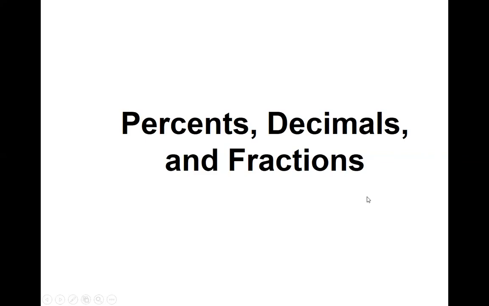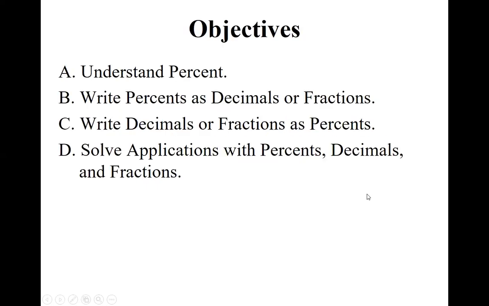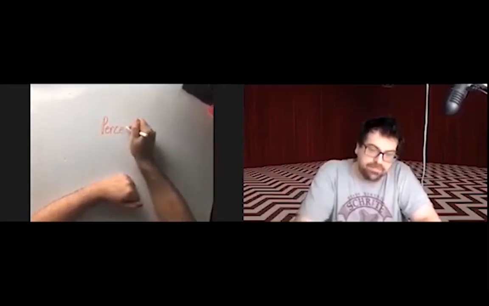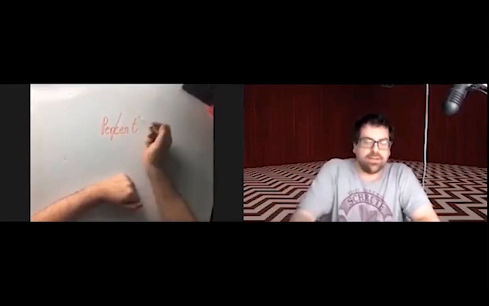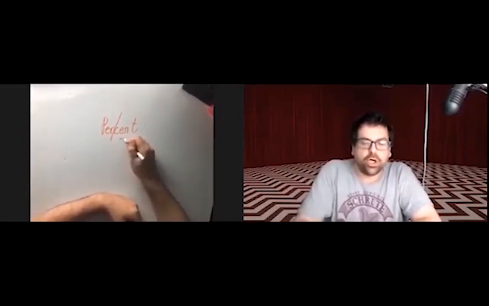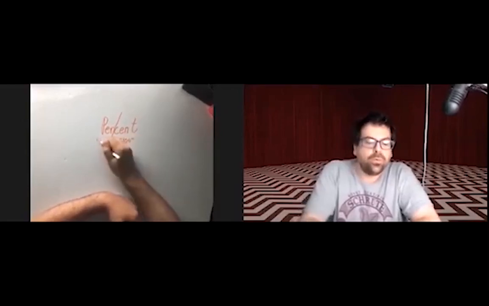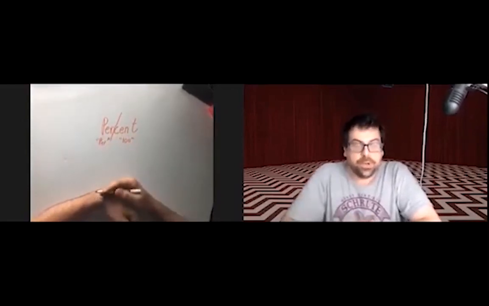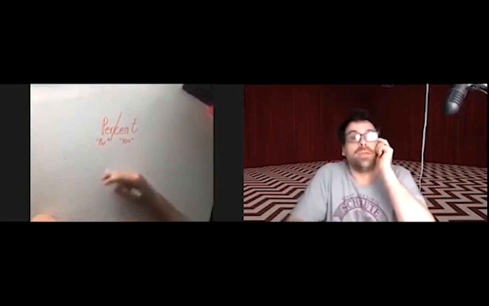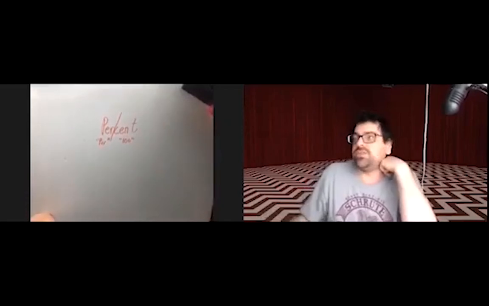The topic is percents, decimals, and fractions. The objectives in this topic are understand percent, write percents as decimals or fractions, write decimals or fractions as percents, solve applications with percents, decimals, and fractions. And percent literally means per 100. Remember when we did miles per gallon, I said that was a division problem.